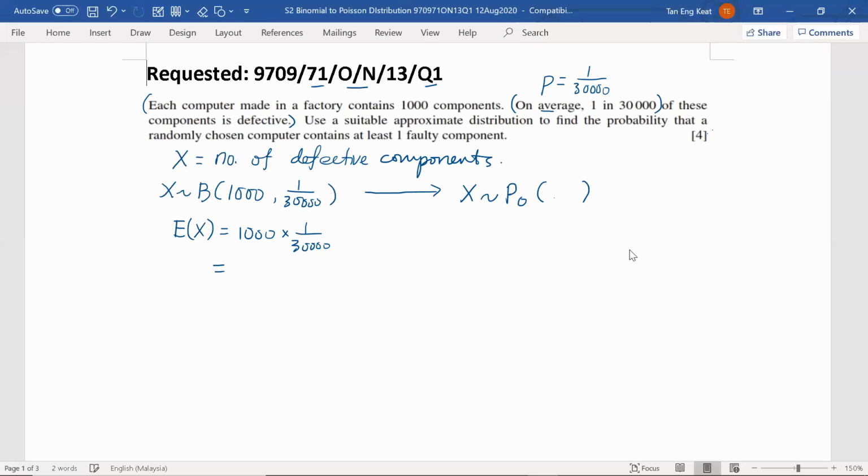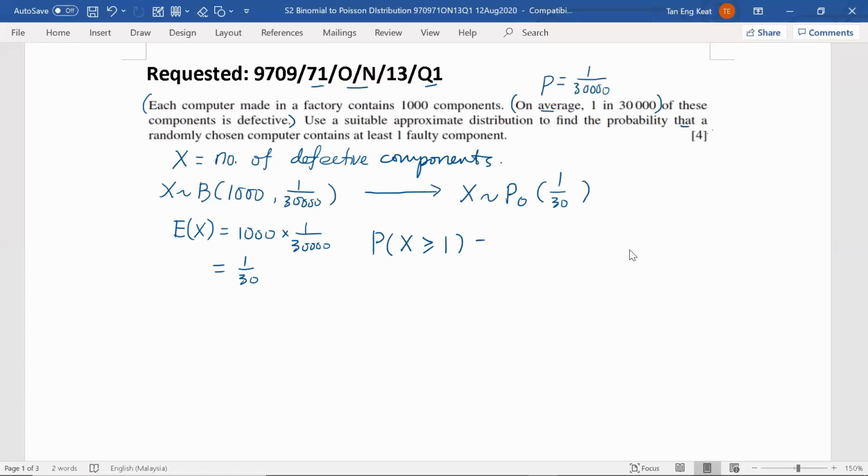So we find out the mean is going to be 1 over 30. Hence, we are going to use this to find the probability that a randomly chosen computer contains at least, greater than or equal to, 1 defective component.